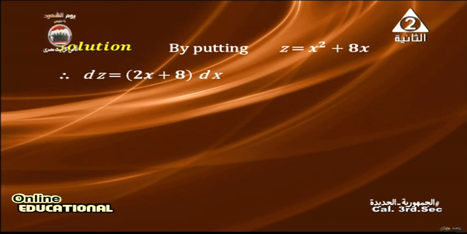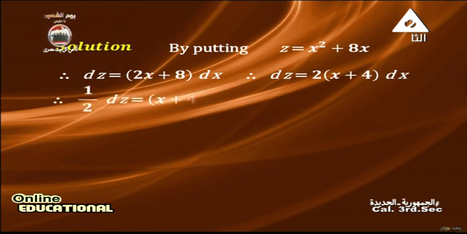We can take 2 as a common factor. Then dz equals 2 multiply (x plus 4) dx, and we can write half dz equals (x plus 4) dx.